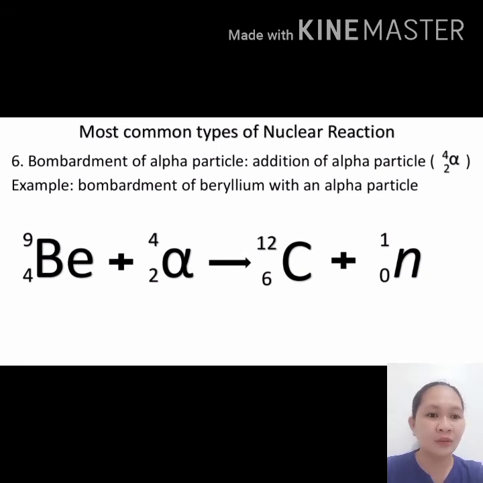On the other side, 4 plus 2 is equal to 6. So, equal na both sides yung ating subscript and super subscript. It means, dito sa pang-anim na common types of nuclear reaction, which is bombardment of alpha particle, merong nangyaring dalawang nuclear reaction. The addition of alpha particle plus the addition of neutron, which is neutral charge or equal charge. Yun po yung nangyari sa bombardment of alpha particles.